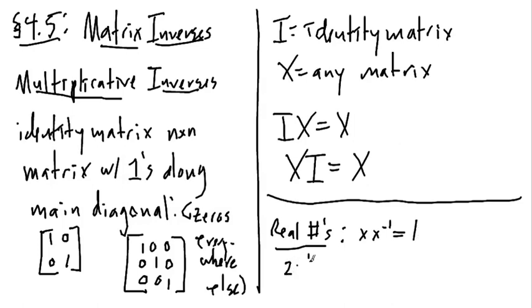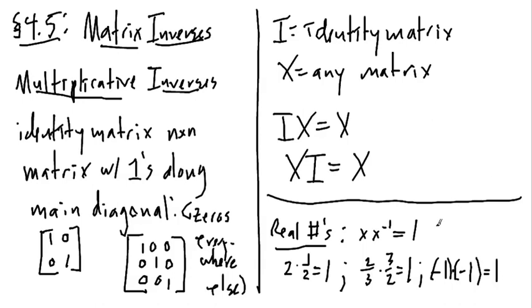So 2 times 1/2 is equal to 1. 2/3 times 3/2 is equal to 1. -1 times -1 is equal to 1. You could even check that the square root of 2 times the square root of 2 over 2 is equal to 1. So these are all examples of multiplicative inverses.